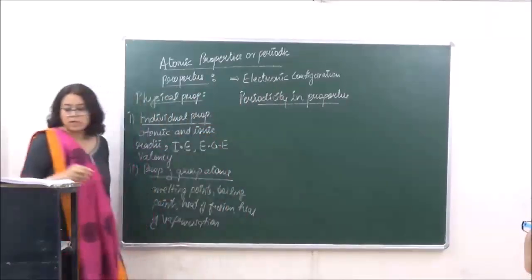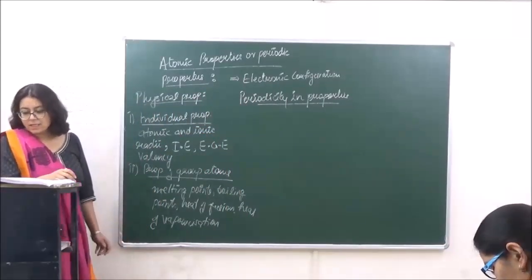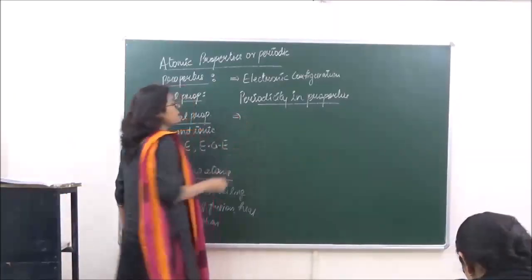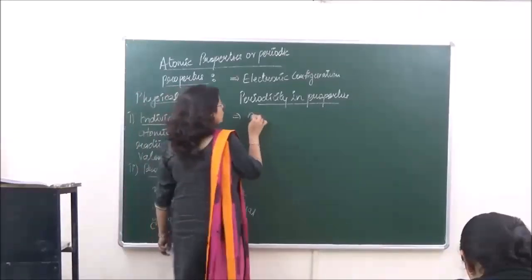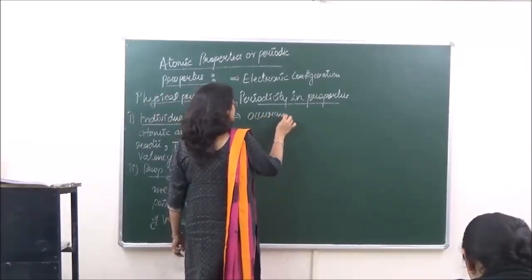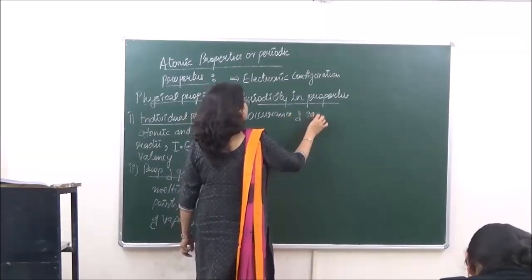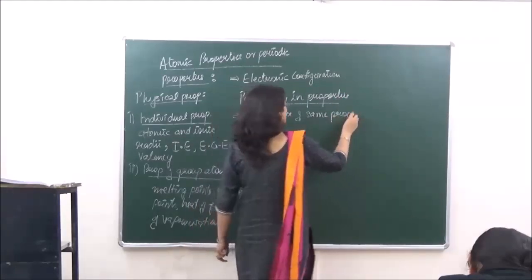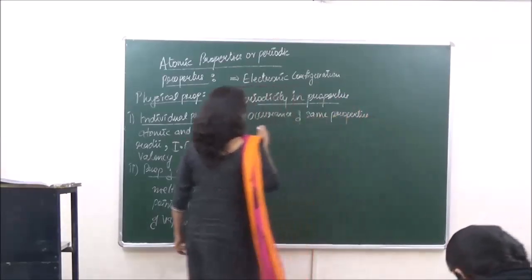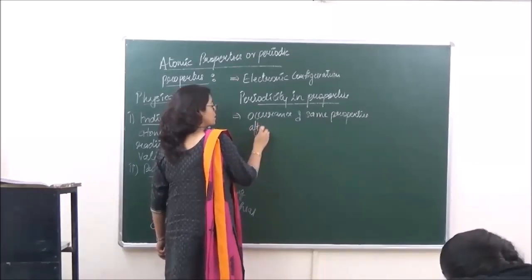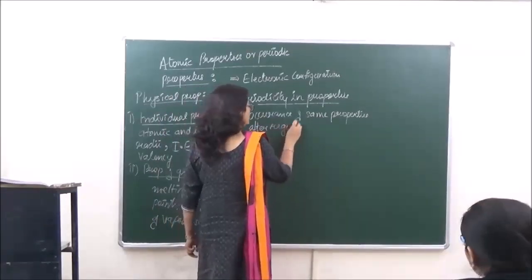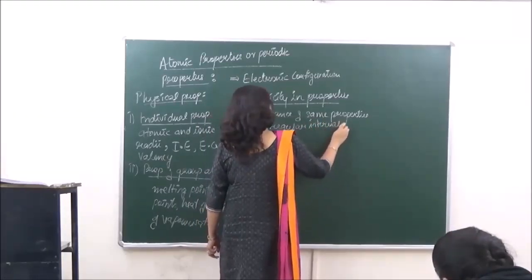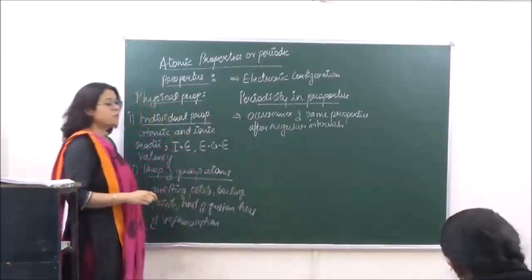Periodicity in properties, if you are defining it, is the occurrence of same elements with same properties after regular intervals in the periodic table.